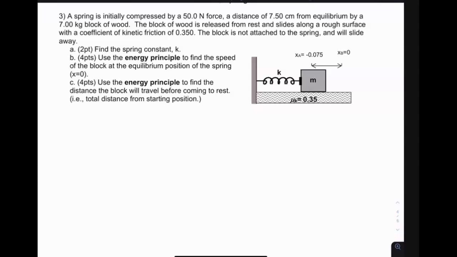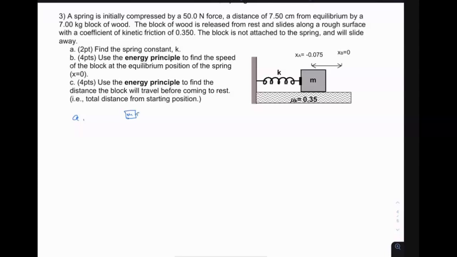In part A of the question, we're asked to find the spring constant, K. So, when the spring is initially compressed, we can examine the forces acting on the block of wood just before it's released.